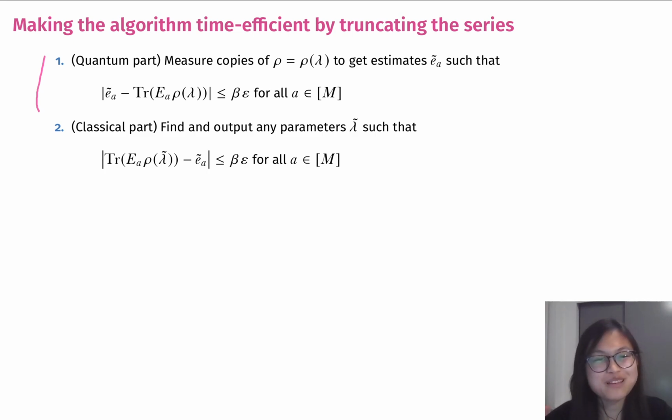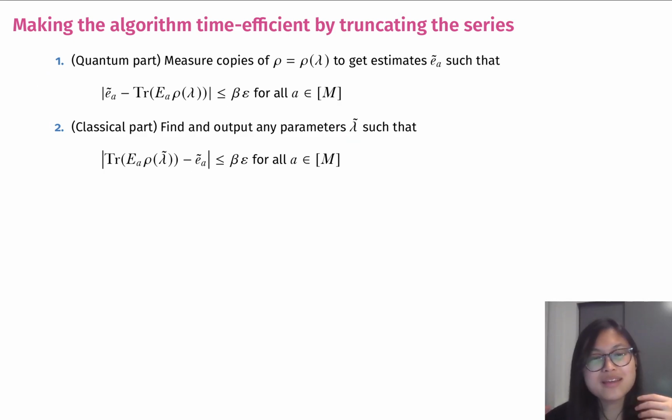You'll just have to believe me, I guess. The main thing to worry about is this classical piece, because you have a bunch of these estimates and you want to find some lambda tilde that gives you all the expectations that are close to that. Here, by the way, I've replaced this epsilon over L with beta epsilon. I've just replaced the L by the optimum value, which is beta inverse.